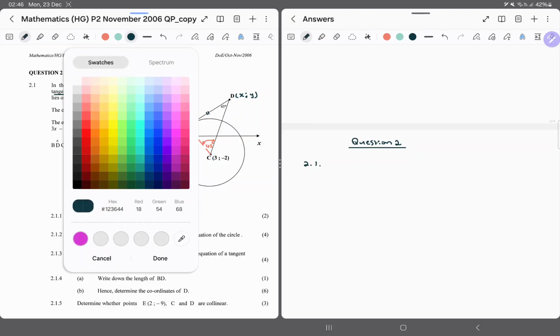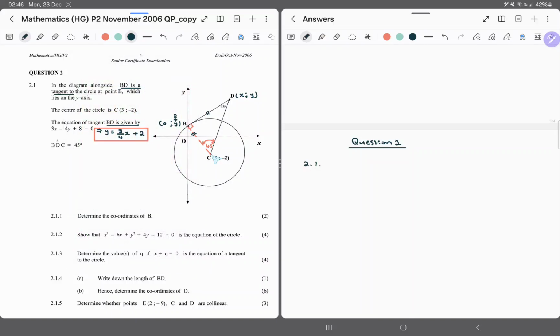Remember, if we become smart and construct a horizontal line like this, drawn so that it's parallel to the x-axis, we know that we're going to strategically do this so that we can find the angle of inclination of this radius. Now we can clearly see that technically we can find the gradient of this line.